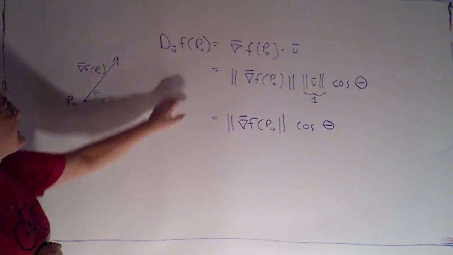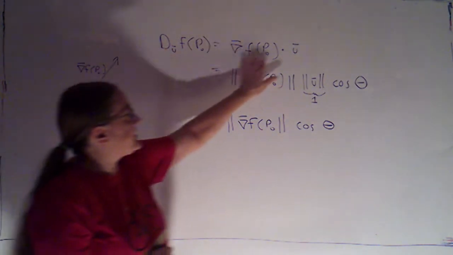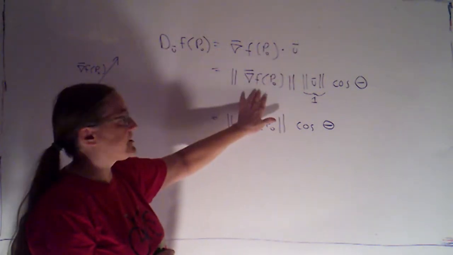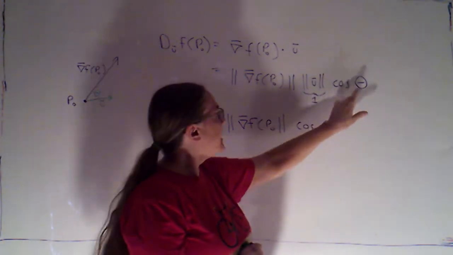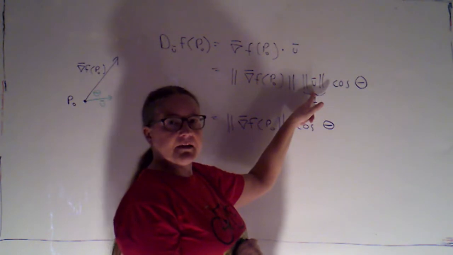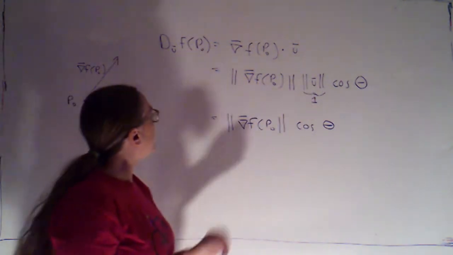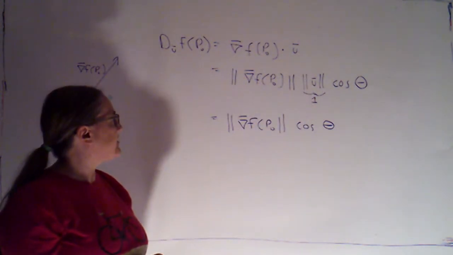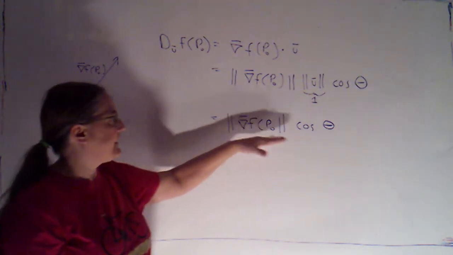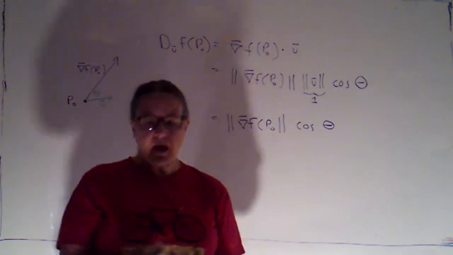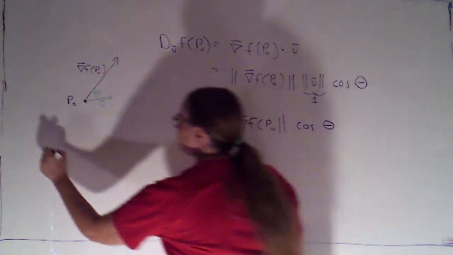Now, because the directional derivative is this dot product, and the dot product is just the magnitude times cosine of theta, notice the magnitude of u is just 1. So what we get is that the value of the directional derivative is the magnitude of the gradient at p naught times cosine theta. And we said that that's going to be maximized.